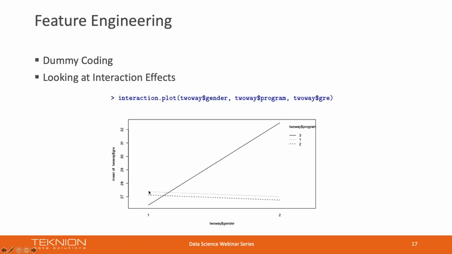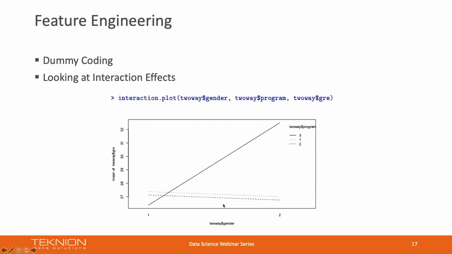So there's that score at the beginning, there's that score for gender 1, there's that score for gender 2, and then same thing for this dotted line. But then we see a big interaction effect here, where in program 3, when we move to gender 2, that makes a huge difference in our analysis. And so we would call this an interaction effect.